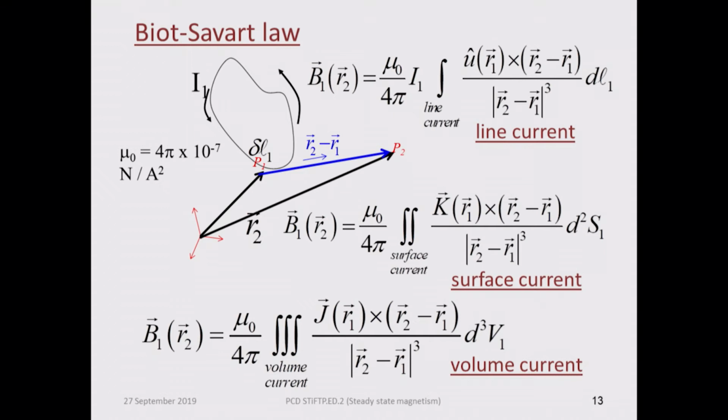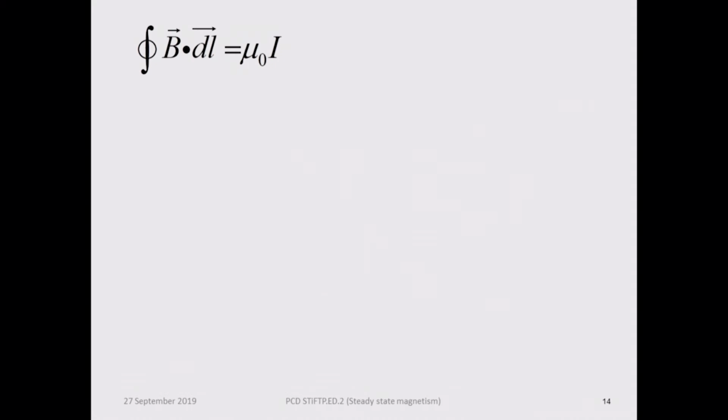So, you have got the surface current density vector or the volume current density vector, but then these are the currents flowing orthogonal to the surface, and this is the volume current which is flowing in a direction which is orthogonal to the cross section, right. So, these orientations I have discussed in the first part of today's class. So, you have the line current, the surface current and the volume currents.